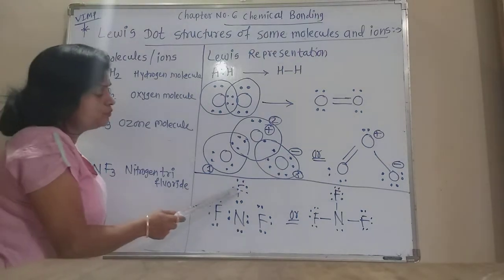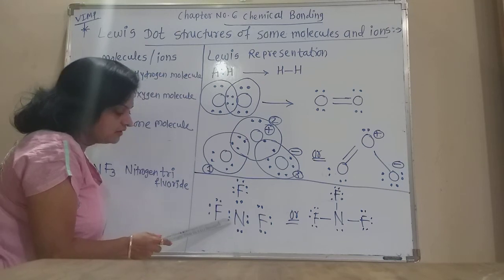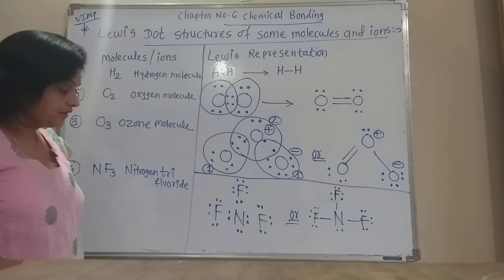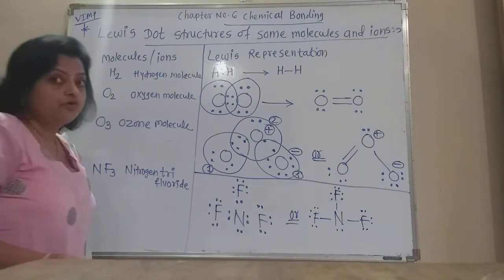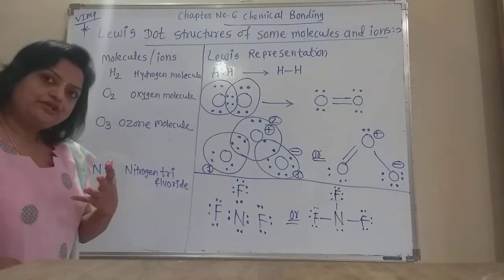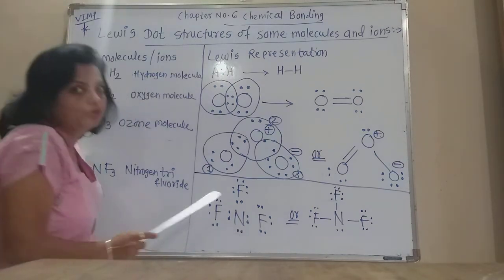The valence electrons of each fluorine atom are shown by these dots, 6, and this is the 7th, for bonding with nitrogen. But nitrogen also shares 1, 2, 3 electrons totally, one with every fluorine atom. Nitrogen has 5 valence electrons, so 2 electrons are shown here as a lone pair.